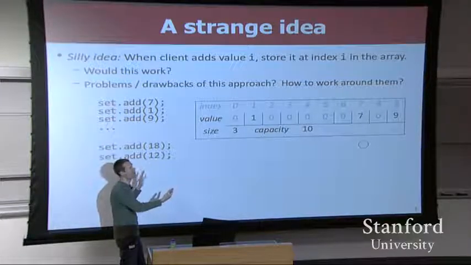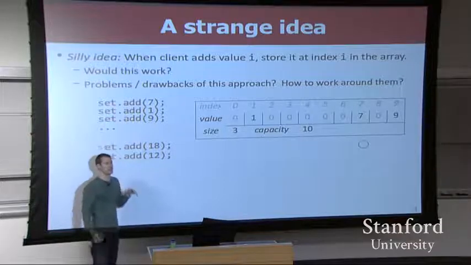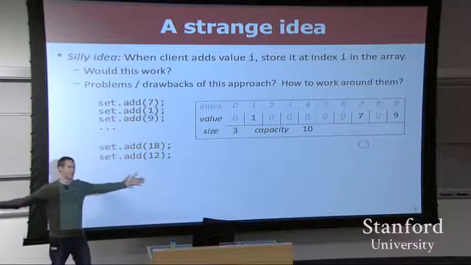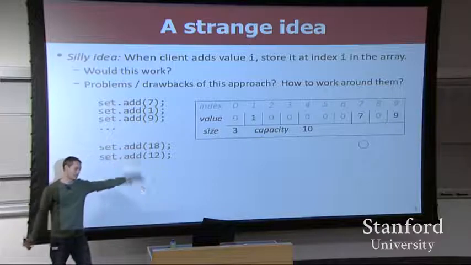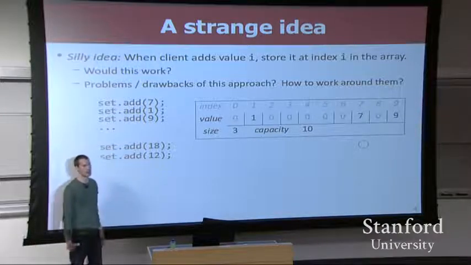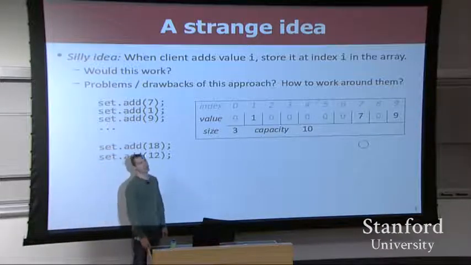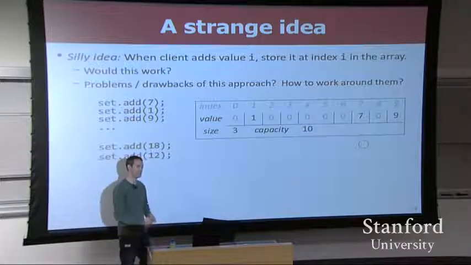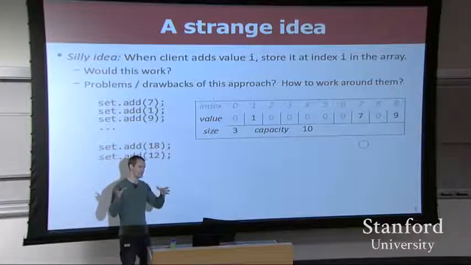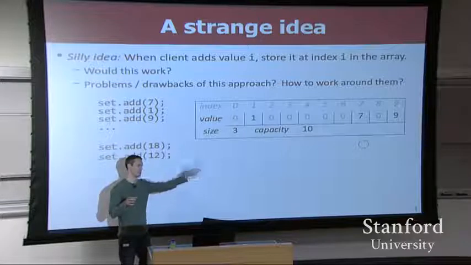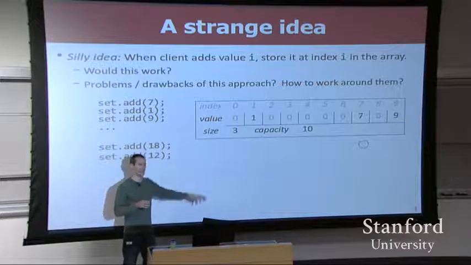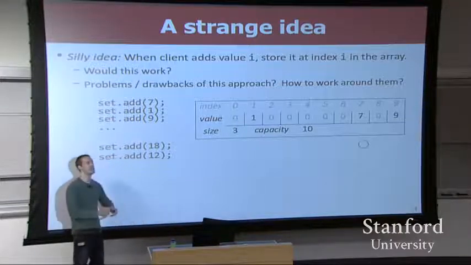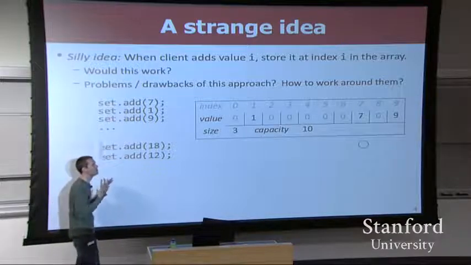What if they add the value 4,700,000 whatever? Now I have to make an array of size 4 million so I can jump to that index and put a 1 there or a true there. So yeah, that is memory inefficient, right? You're wasting a ton of empty slots just so you can put a little 1 way over there somewhere, right? But hey, let's just work with me here.